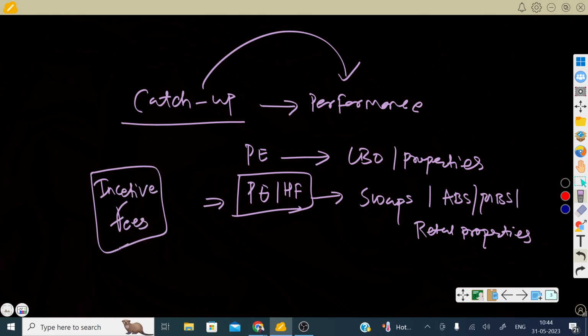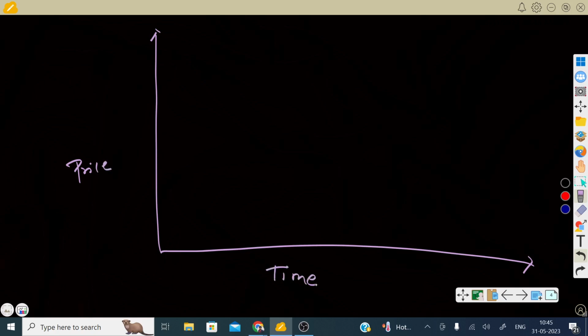So how does that work, I'll brief about it quickly. Let's assume this is the graph, price versus time. Investment starts at 0. The invested capital is 1 lakh.